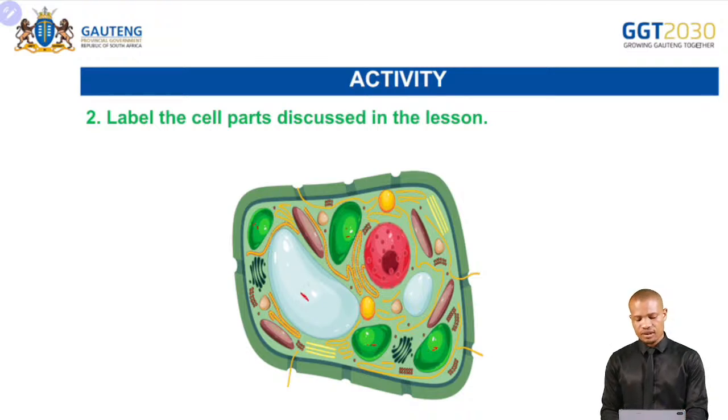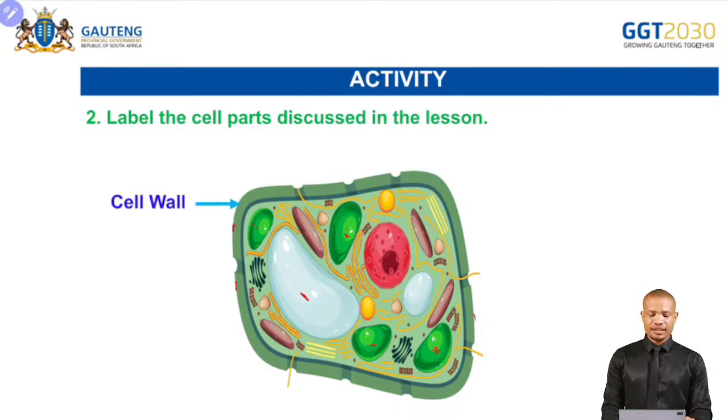This is the vacuole, these are the chloroplasts, and this is your cell wall going around the cell. Okay, so I've already given you a couple of the labels, so it should be easy. Okay, now without any waste of time, let's start labeling the parts of the cell.